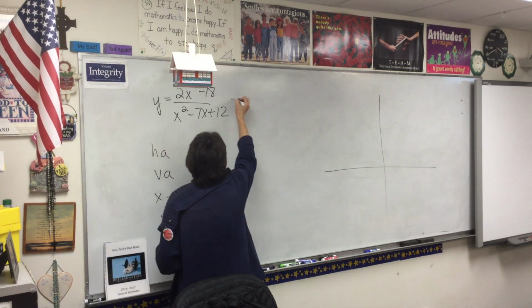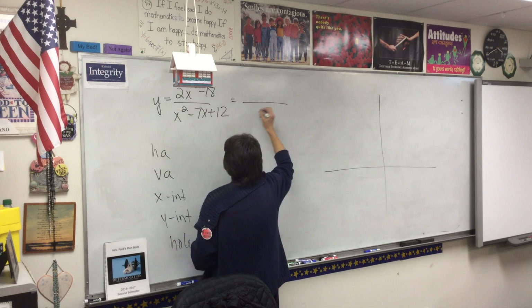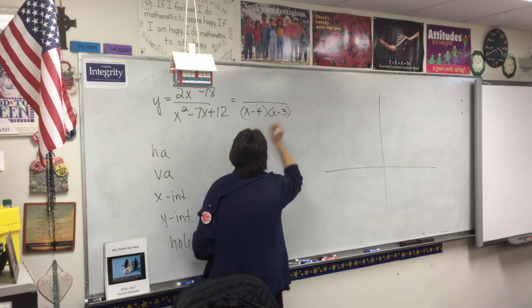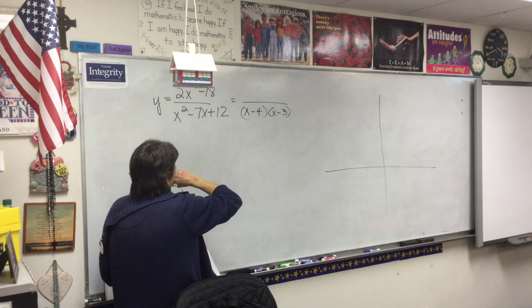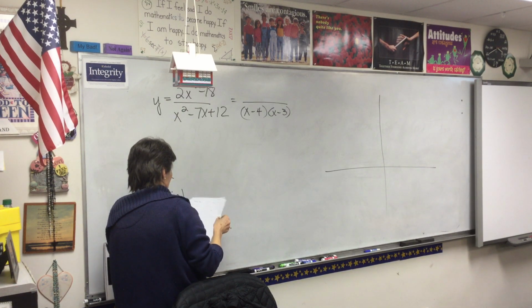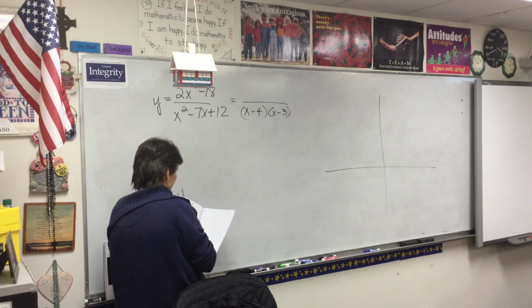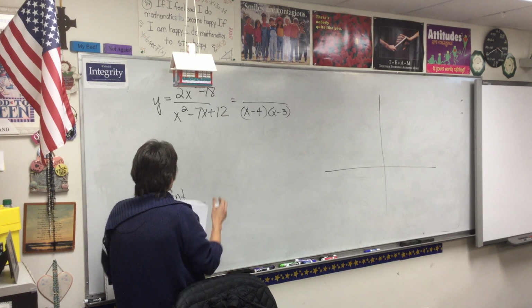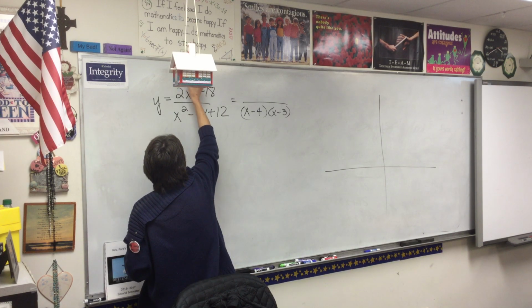So here we go. Let's see, the bottom is kind of easy. This looks familiar. I haven't done this yet, have I? No. Okay. All right, so I can take a 2 out of the top.